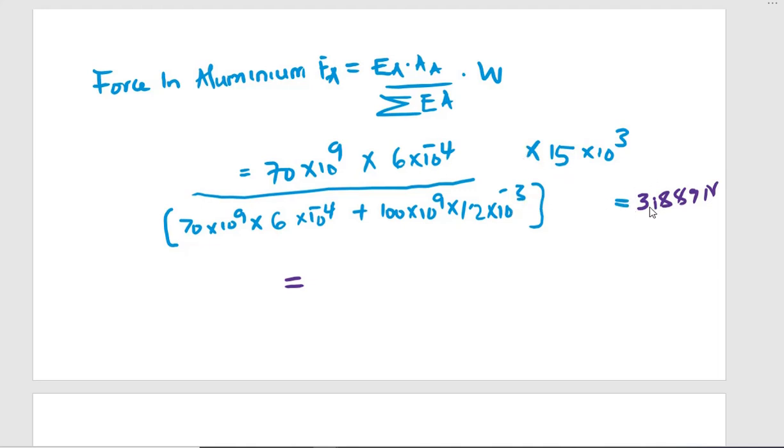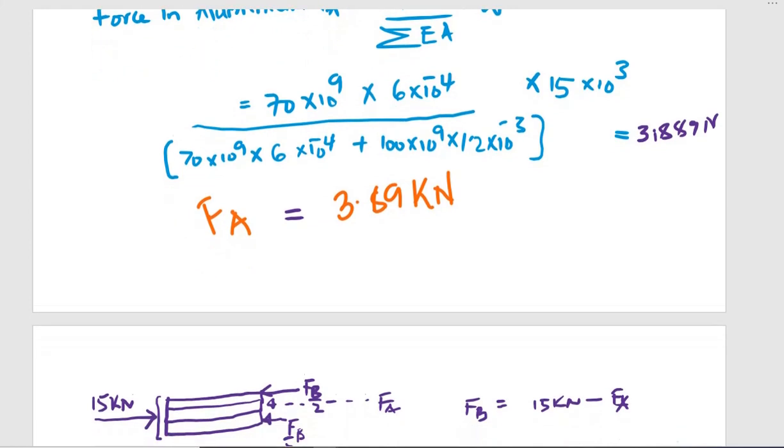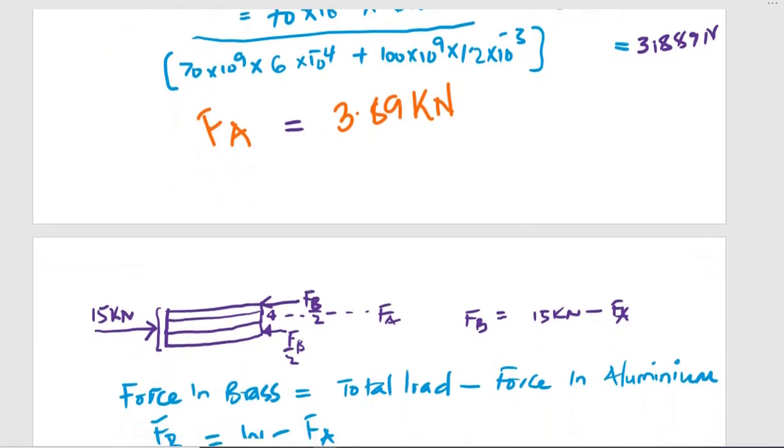Solving this would give you 3889, which is actually 3.89 kilonewtons. That is the force in aluminium, or the load taken up by aluminium, which we can simplify by calling it FA.